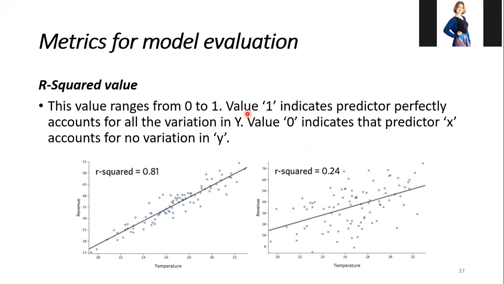And if your R-squared is close to 0, it indicates that the predictor accounts for no variation in Y. So if you have a small R-squared, it means that your model is bad, and it doesn't describe the connection between X and Y.